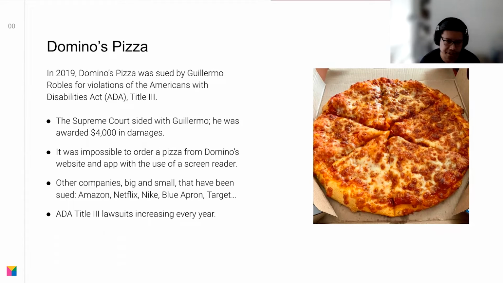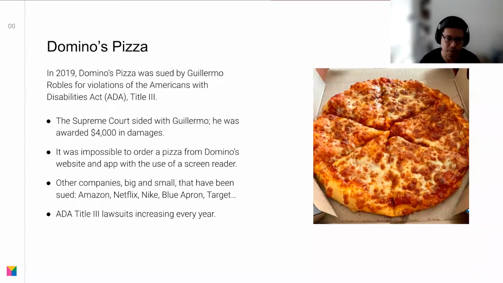This was a $6 million settlement that Target had to pay to the National Federation of the Blind. So it could range. It could be as small as $4,000, but it could be extremely large and very impactful. In terms of these lawsuits, the data is hard to get to. There are a lot of sources out there, but from everything I've seen, these types of lawsuits have been increasing every year.